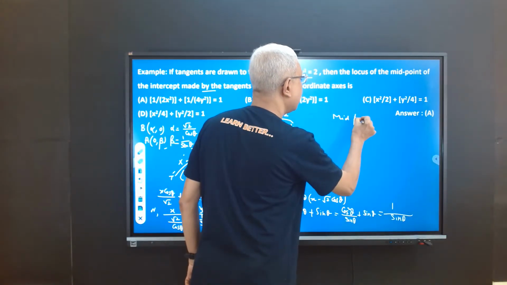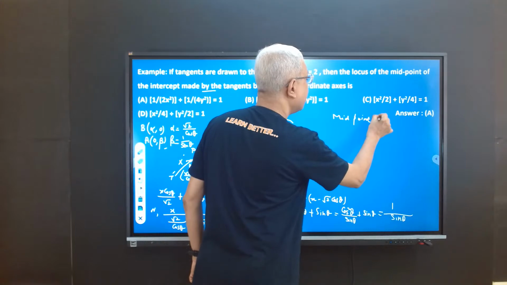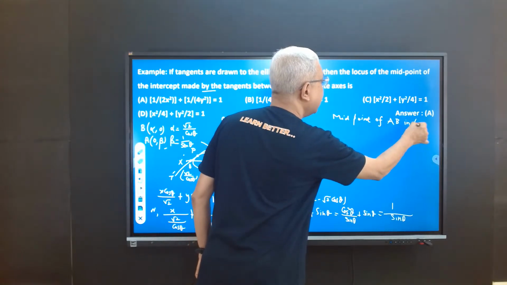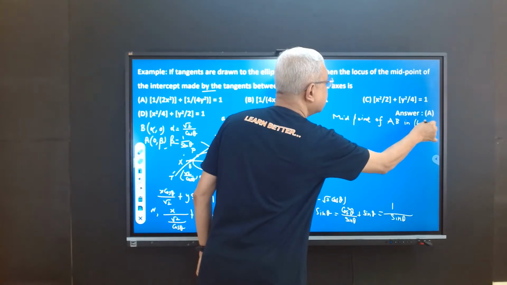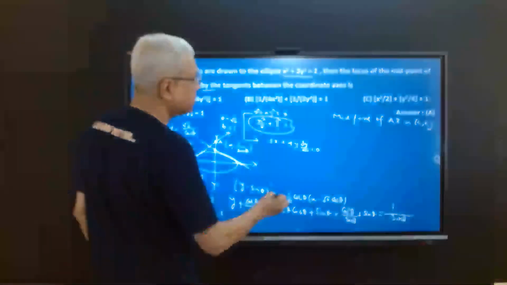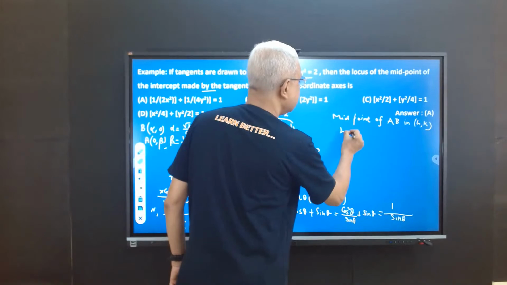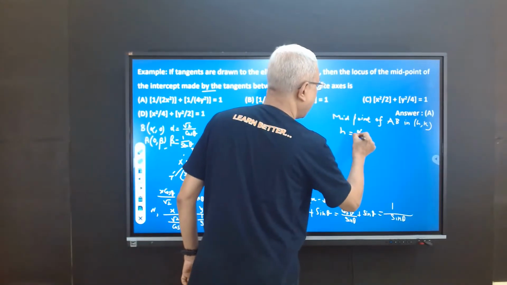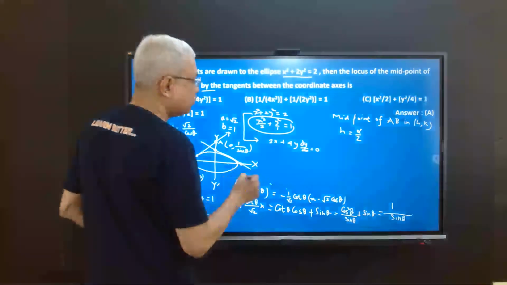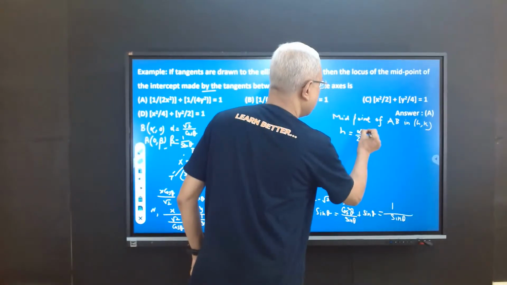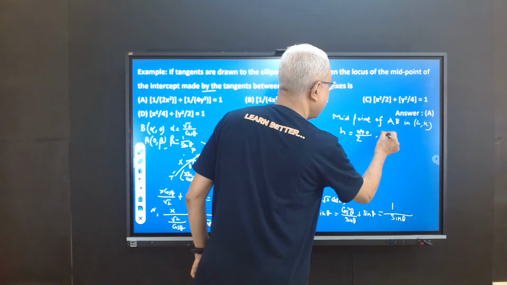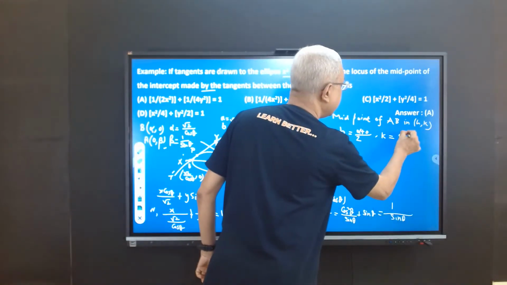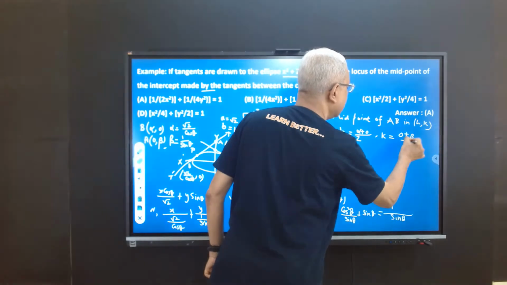Midpoint of AB is H, K, say. Then H is how much? H is alpha plus 0 divided by 2, and K is 0 plus beta divided by 2.